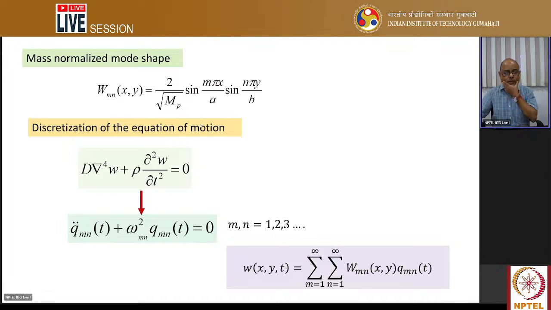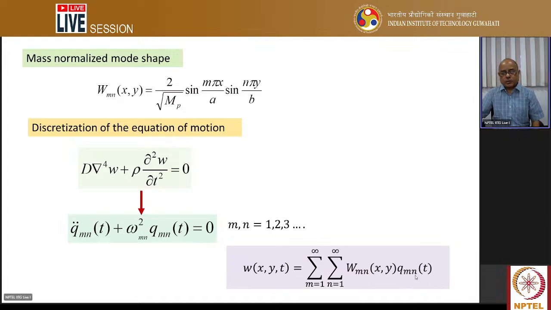Then for forced vibration analysis, or analysis of the time response, we discretize the equation of motion as usual using the modal superposition technique, that is the mode summation, and then apply the orthogonality condition. Ultimately, we get q double dot mn of t plus omega square mn q mn of t equal to 0, where omega mn is the natural frequency and q mn is the generalized coordinate in time.